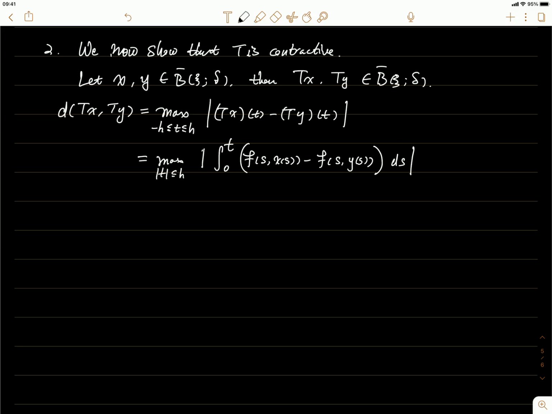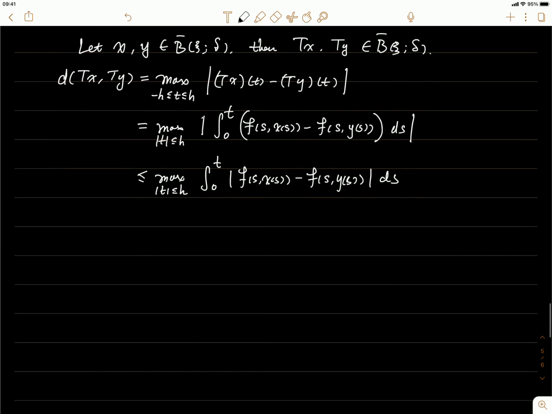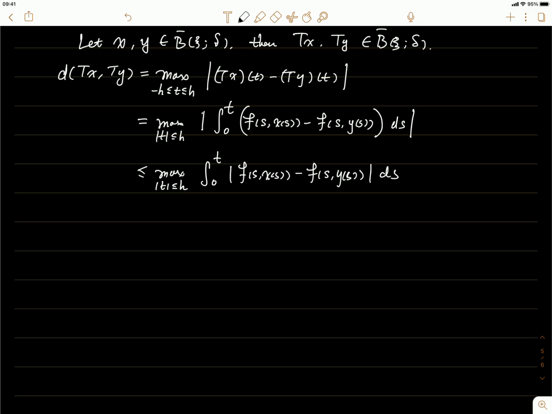And then that is less than or equal to the maximum over t less than or equal to h of the integral from 0 to t of f of s, x of s, minus f of s, y of s, ds. Because this x of s and y of s are both nearby, they're both in here, by using the Lipschitz continuity of f, this must be less than or equal to L times the distance between them.